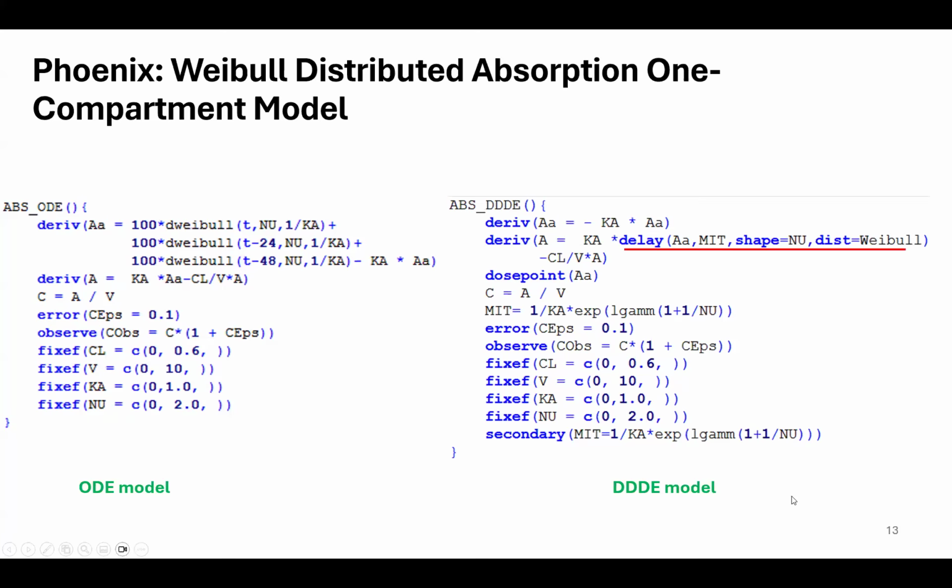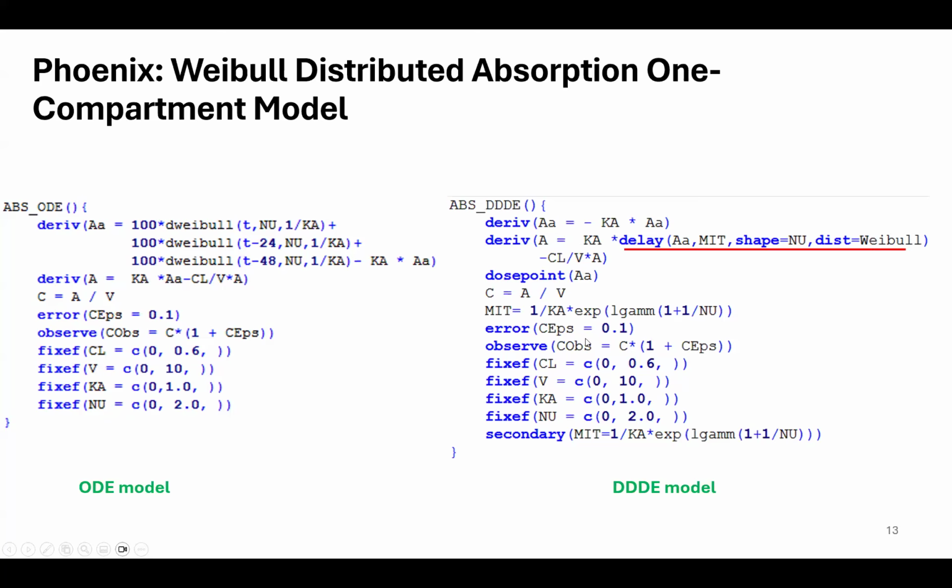When it comes to the DDE model, I don't have to code those dosing events individually or manually. I use the delay function, where I have the mean value of the Weibull distribution, and then the shape parameter, and then I specify the distribution as Weibull. History is omitted, meaning history will be assumed to be 0.